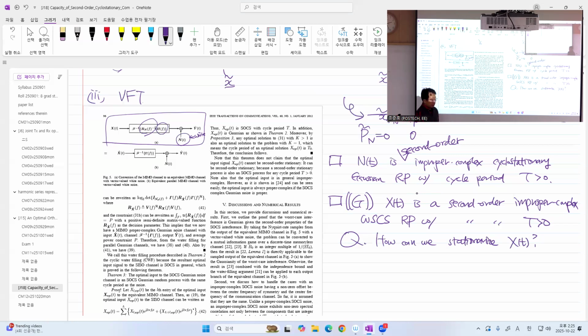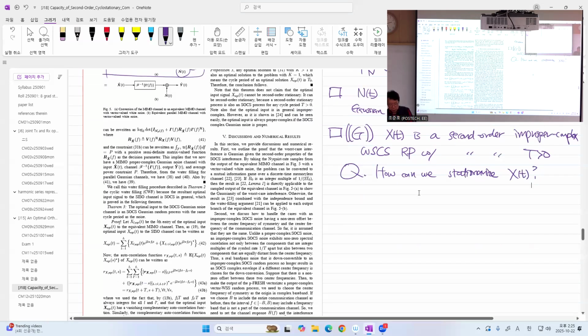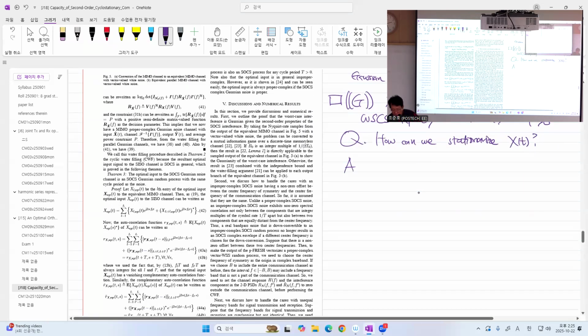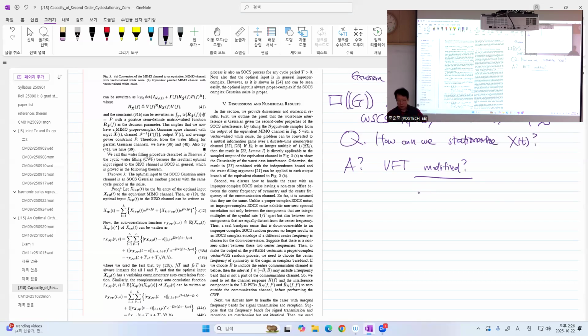I myself named this transformation based on the harmonic series representation the vectorized Fourier transform. But we know that that works only for the proper complex random process case.